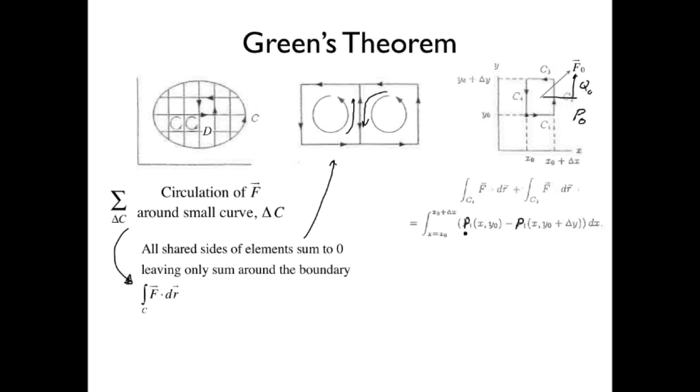When we add those two sides up, notice we're going in the positive direction here and the negative direction here. So we get P dx this way and negative P dx this way. We integrate along that little edge, positive for C1 but negative for C3 because we're going the other way.